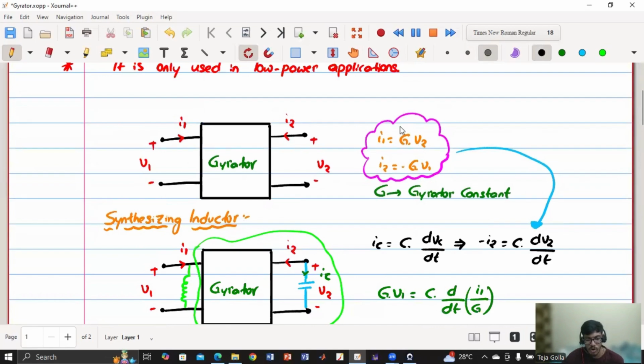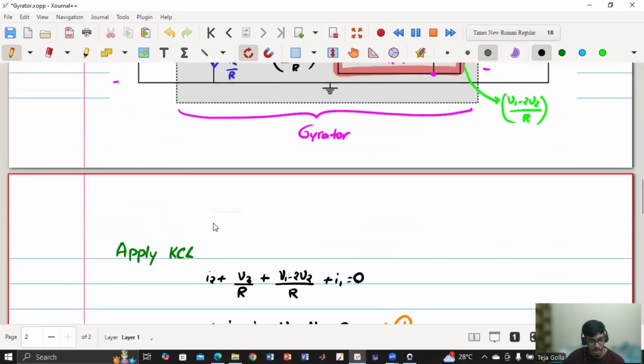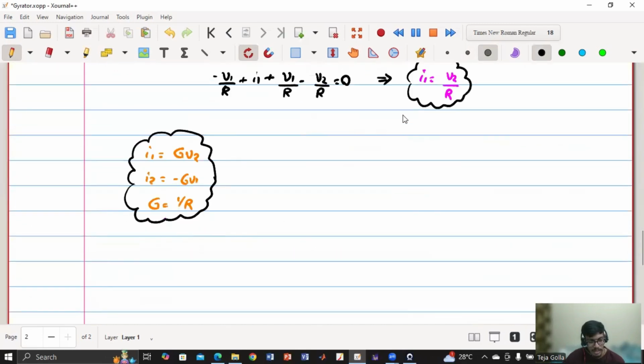So which is what we learned at the beginning of this discussion, and which is what we are also getting here, right? So this is what we got by solving the circuit. Now, if I write it in a different way, in terms of V1, V2, in matrix multiplication form, I1 is 0 times V1 plus G times V2, and I2 is minus G into V1.